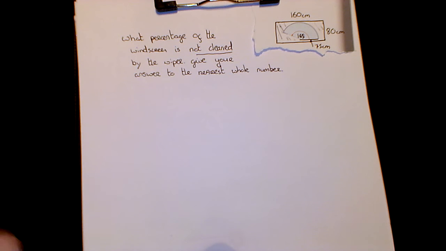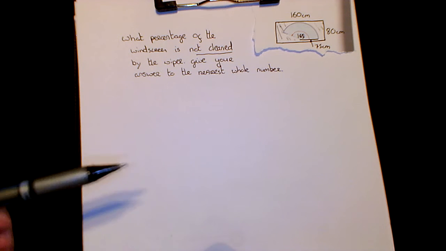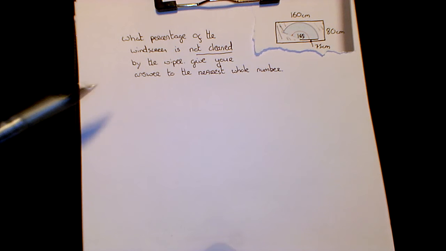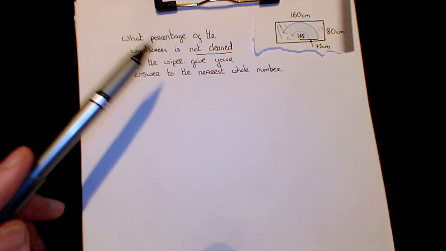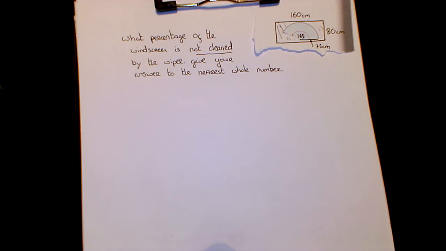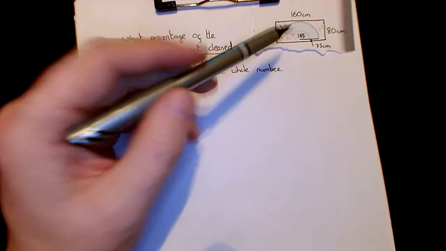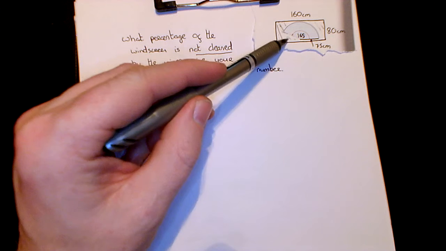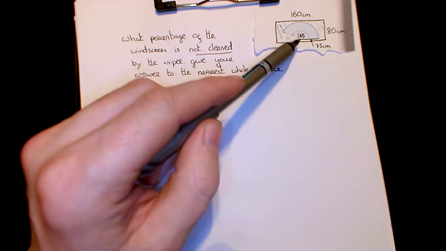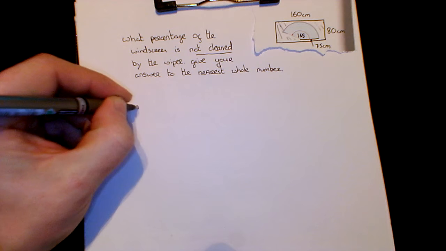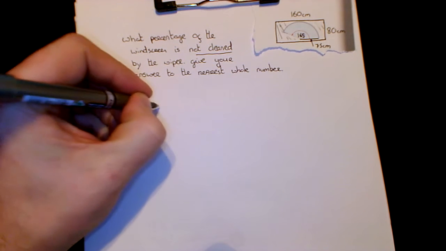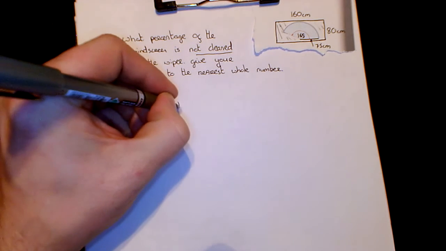Usually they'll give us a question and then another question that will lead on to the last question, but this one is basically giving us the last question. So before we get to find this, we need to do a lot of work. In order to find the percentage of the windscreen not cleaned, first of all I need to know the area of the whole windscreen.